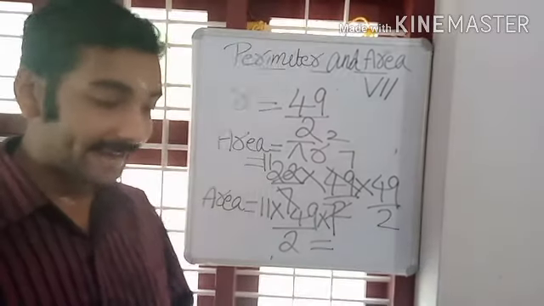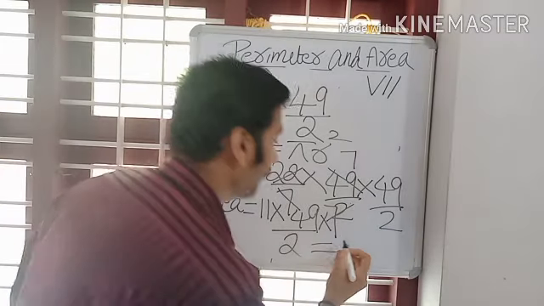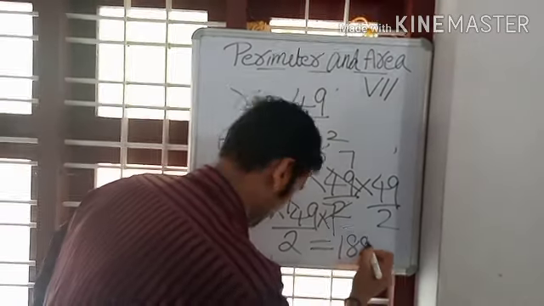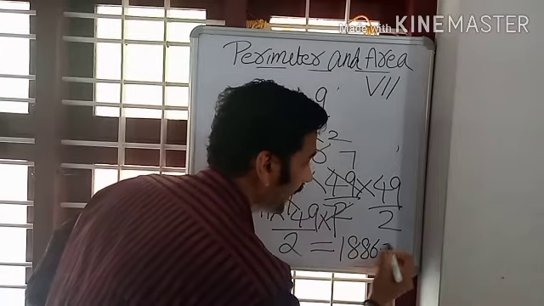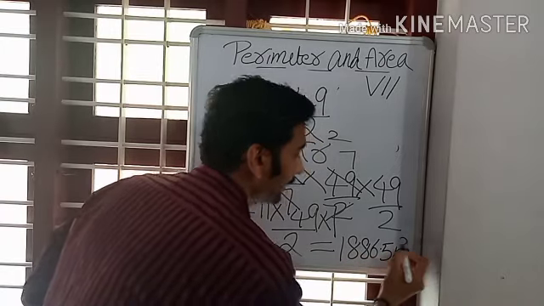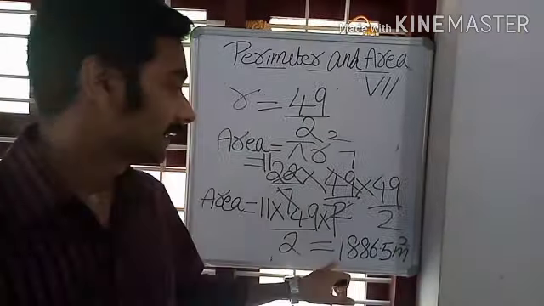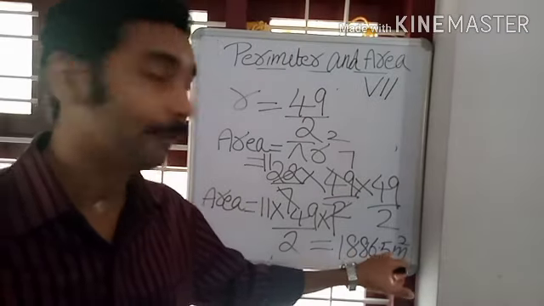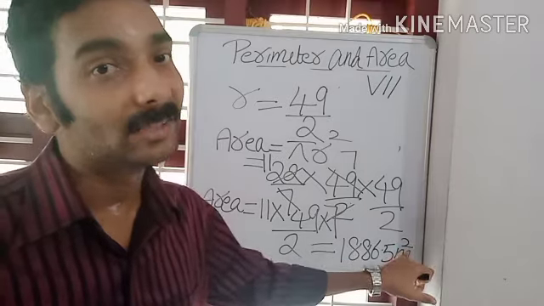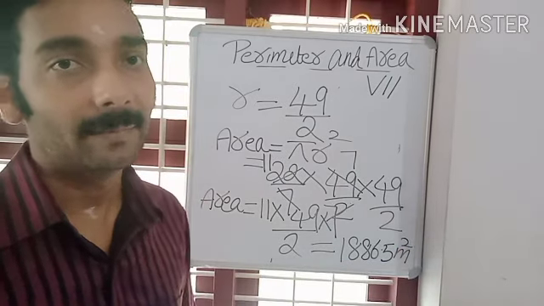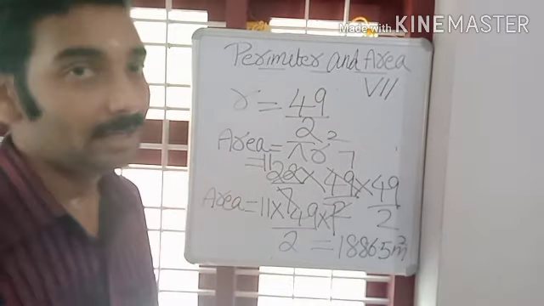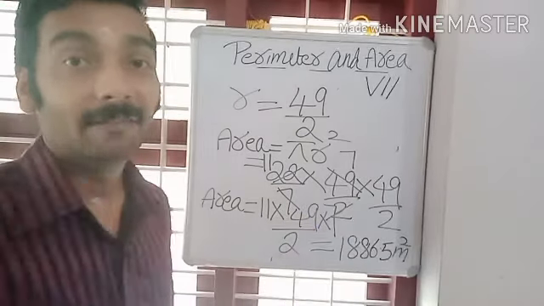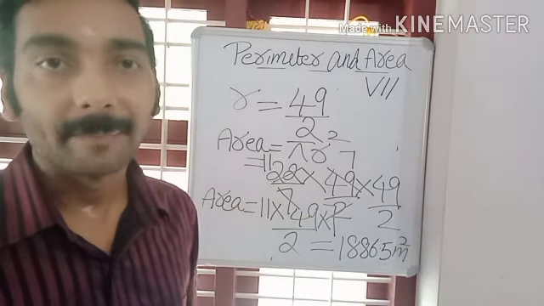Then the area is 1886.5 meter square. Okay, this one is the area. You check the value.